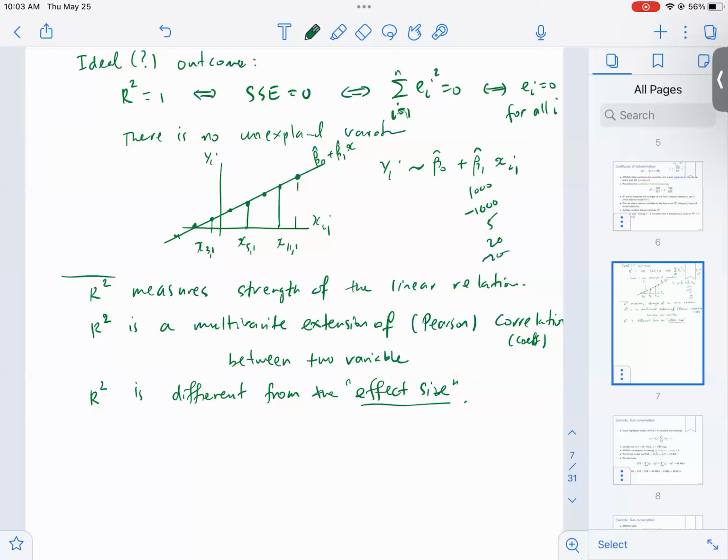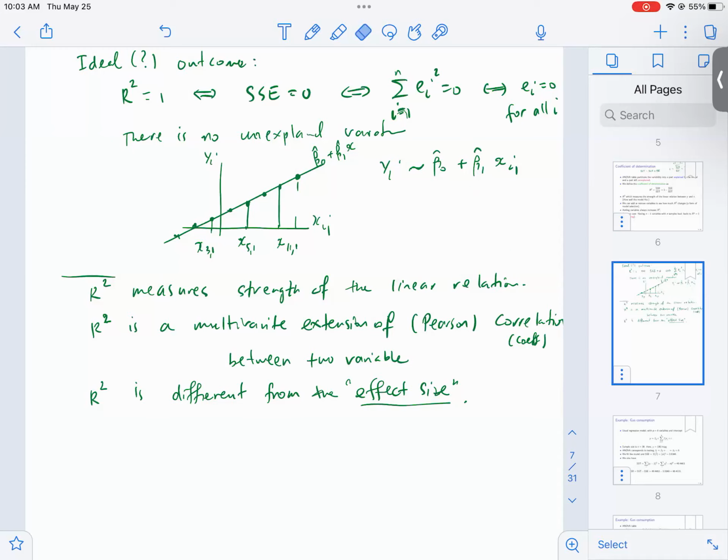Then your guess is that this variation is completely due to noise. Maybe the center is 0, and I'm just observing large values because of the noise. If beta 1 is 0 and the noise is very high, I can still see a lot of variation. So something could be big because the mean is big, or because the variance is big. The mean could be 0 and the variance big.